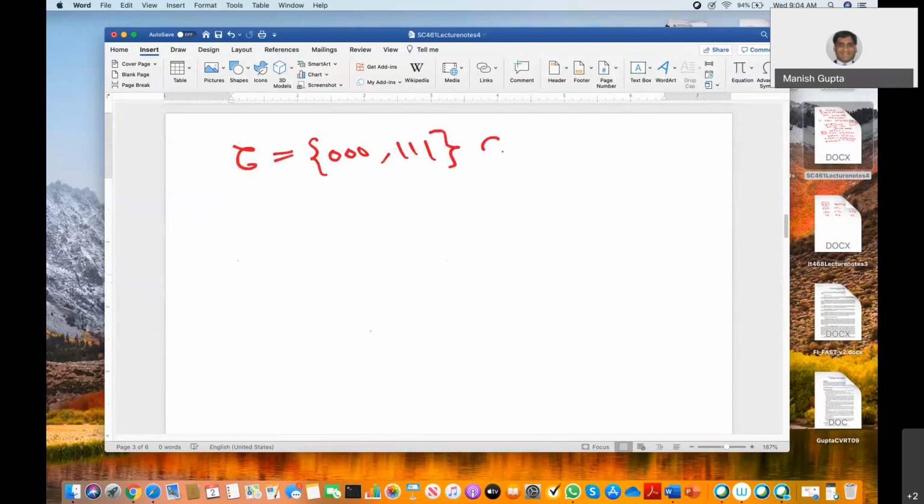This is a subset of Z2 raised to the power 3. Of course, it is a linear code, but we are treating it as a non-linear code right now, simply a subset.